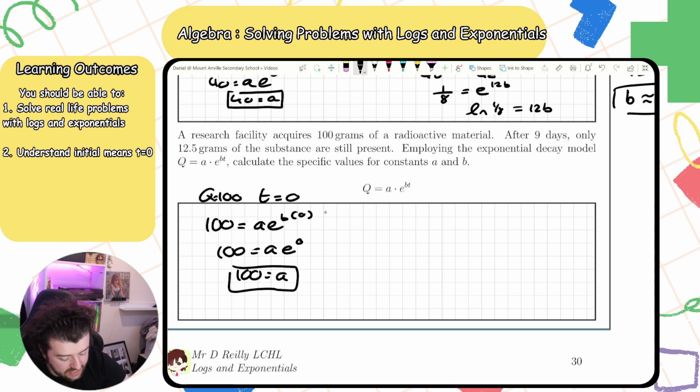And then we found what A is, let's find what b is. I know I have 12.5 grams after 9 days, so t is equal to 9. So we specify time is in days here.